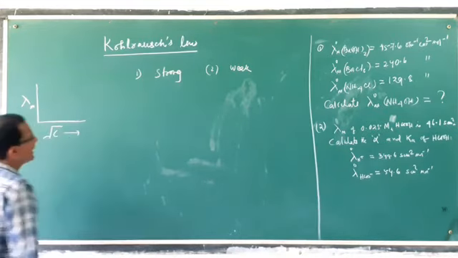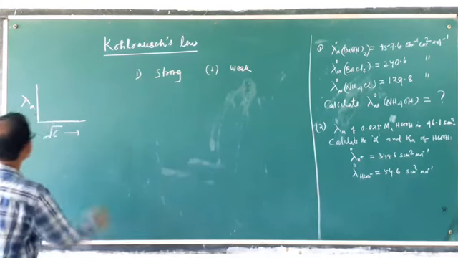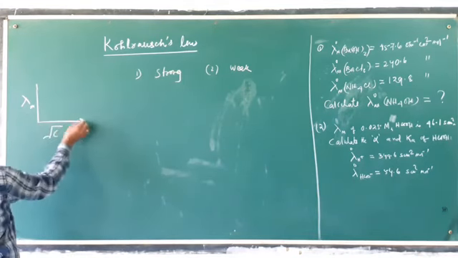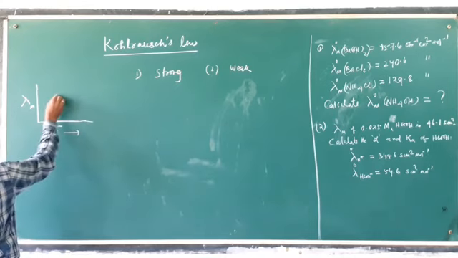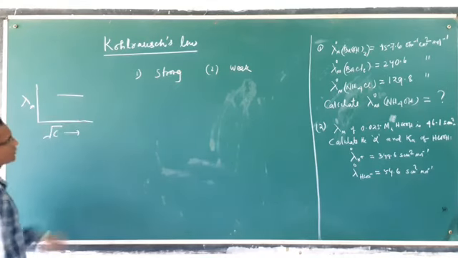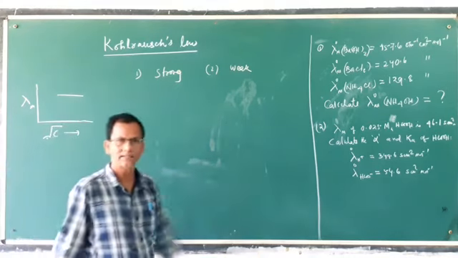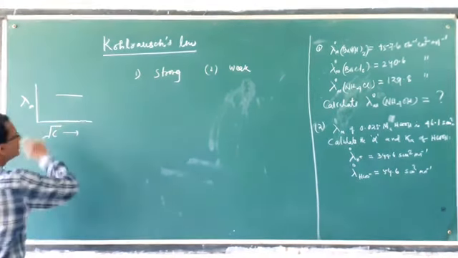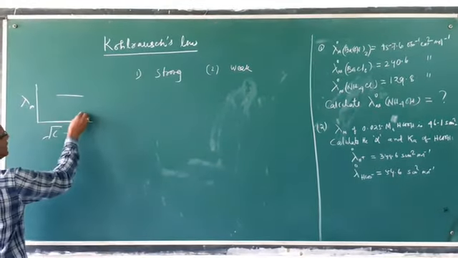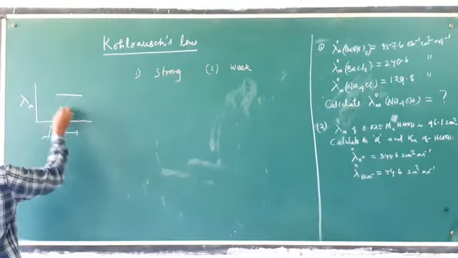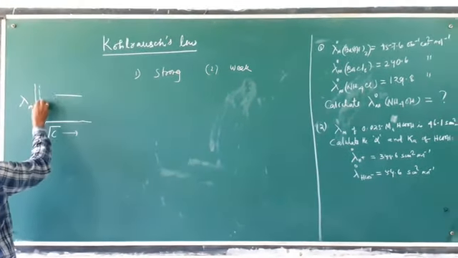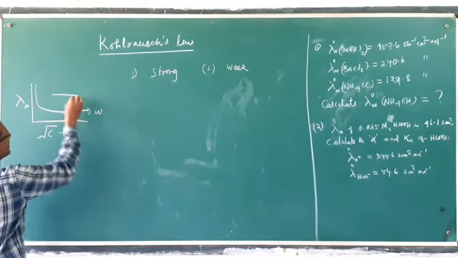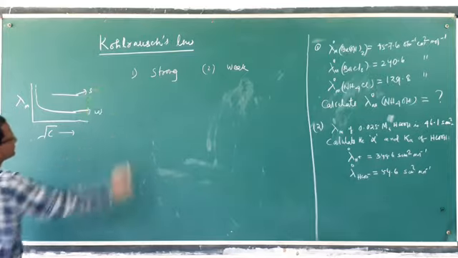As strong has higher conductance, the graph will start from above, and for weak, as it has low conductance, it will start from below the strong electrolyte, from here. And the nature of the graph for weak will be like this. This is for weak and this is for strong.